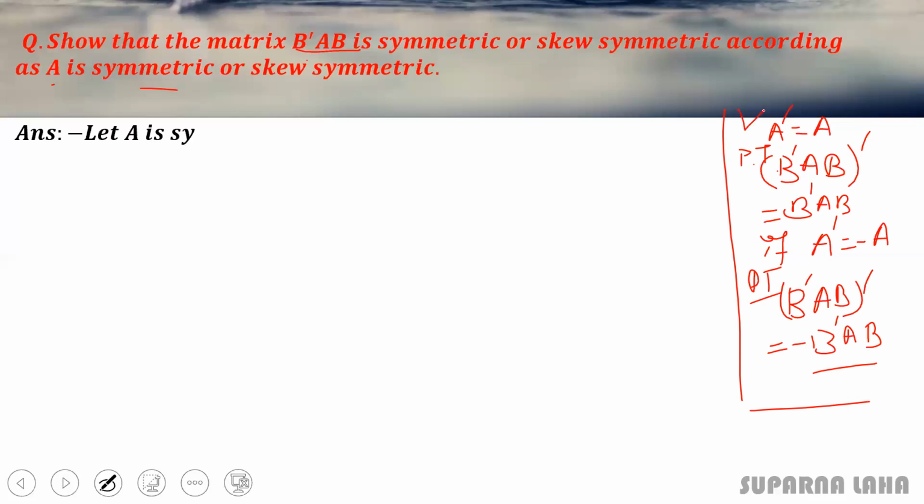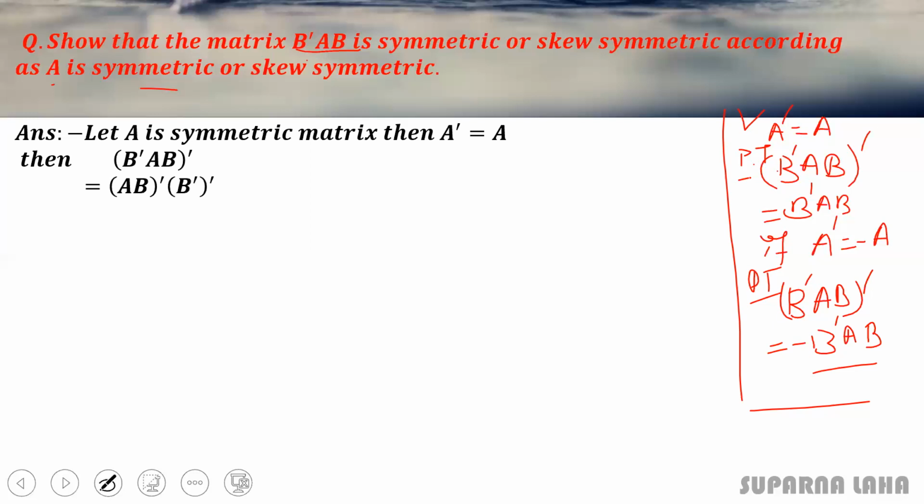Whenever A is symmetric, that means A prime is A or A transpose is A. So let us take B transpose A into B and then whole transpose. If we divide this multiplication into two parts, that is B transpose and AB, then taking the whole transpose, what is the formula? The transpose of A into B is B transpose A transpose.